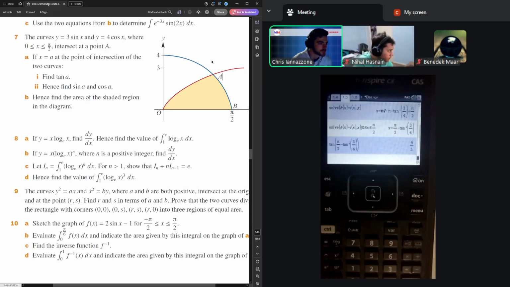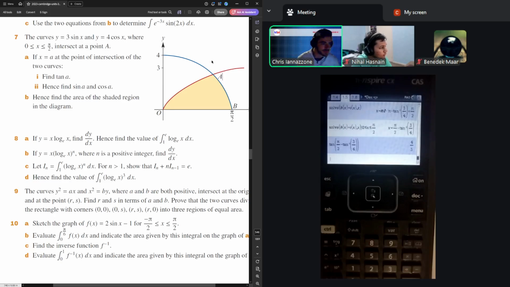I mean, you should just be able to plug that into the CAS and be fine, but maybe they didn't want us to do it tech-actively. If they didn't want us to do it that way, I suppose all of this could have been done, well, maybe not, because unit circle. Let's try and think of a tech-free way, potentially, to do this.